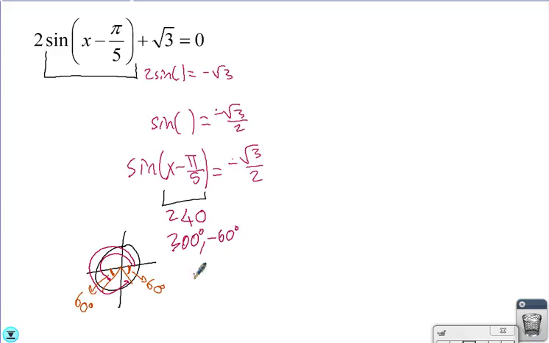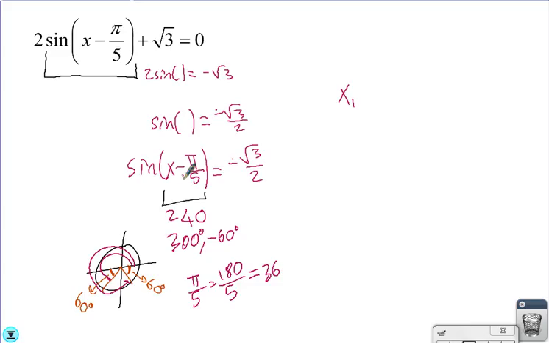So pi over 5, let's find it somewhere. Pi over 5 is 180 over 5. Look at that. 180 is 18 times 10. 10 over 5 makes 2. 2 times 18, 36. So when I write the solutions, I will directly use 36 in here.